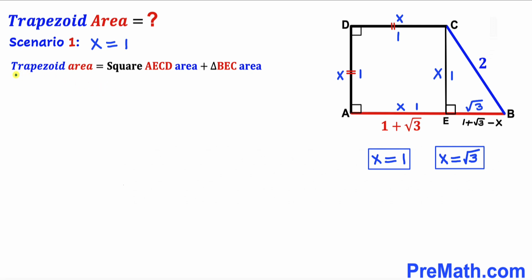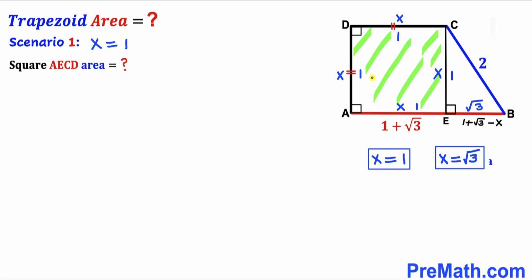We can see the area of this trapezoid ABCD is going to be equal to the area of the square AECD, we are talking about this square area, plus the area of this triangle BEC. So therefore now our task is to calculate the area of this square, and likewise we're going to calculate the area of this triangle BEC as well.